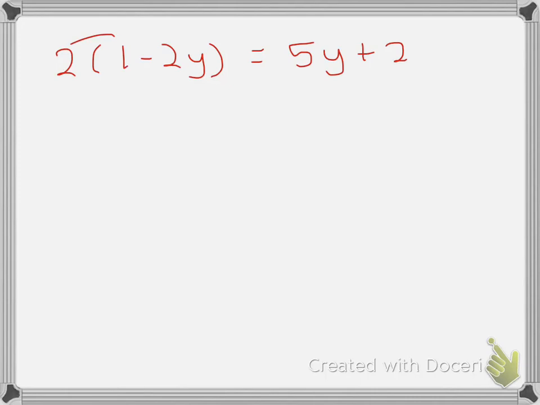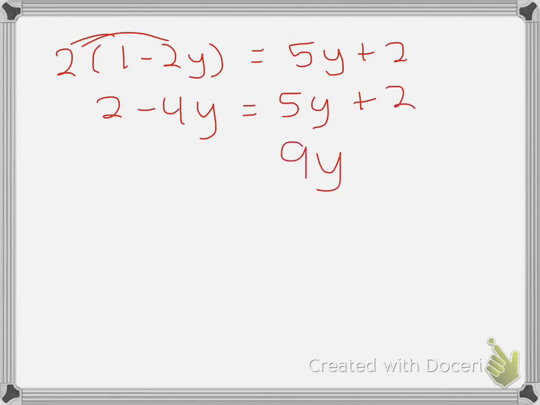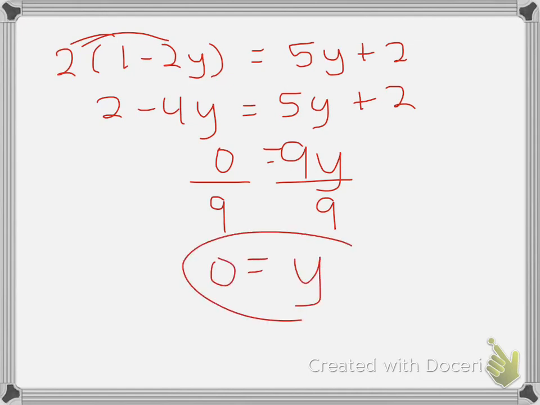So I'm going to distribute: 2 minus 4y is equal to 5y plus 2. Going to add 4y to 5y, get 9y. Going to subtract 2 from 2, get 0. So it looks like my answer is going to be 0, which is possible. Don't panic. We are going to go back and plug it in and make sure.